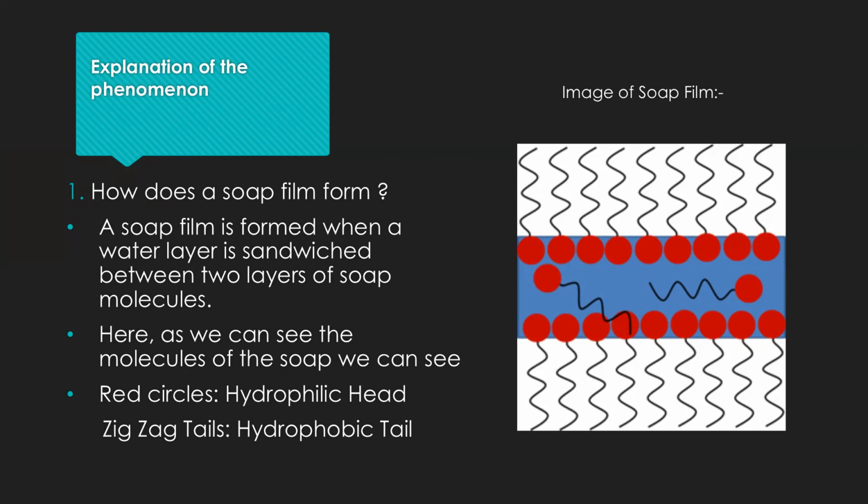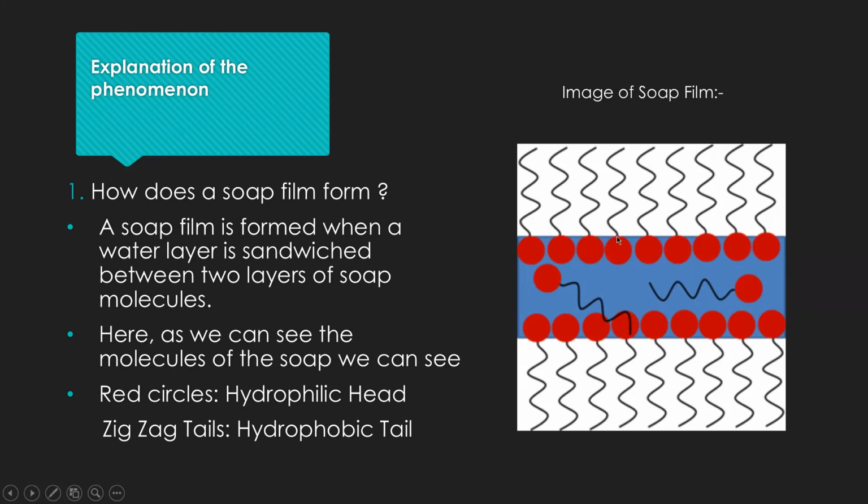Before starting, let's see how a soap film forms. A soap film is formed by a water layer which is sandwiched by two layers of soap molecules. In this image you can see some red molecules and a tail. This blue region represents the water. The red circles represent the hydrophilic head. Hydrophilic means water loving head.